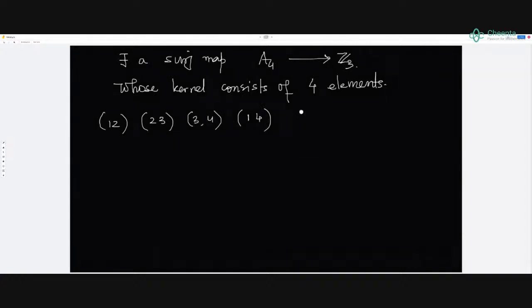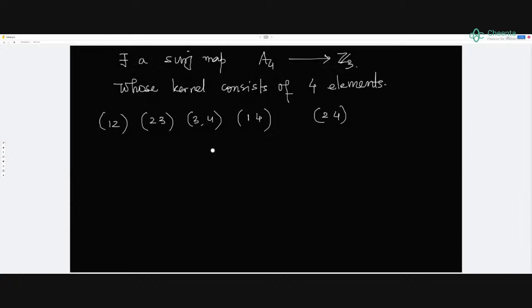So if you think about it, if you take (2 4), you can combine the 2 cycles, but all these things will not be inside A4 because these are transpositions. So are there any elements of order 2 present in A4?